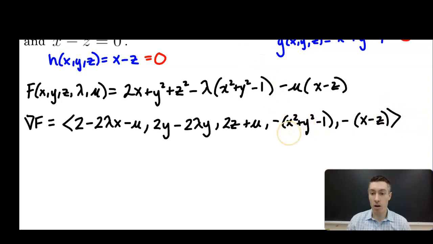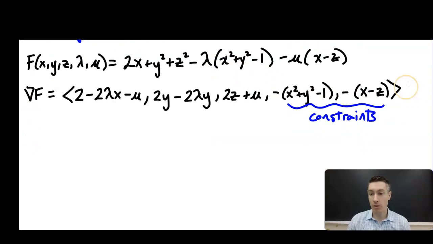And just to recall, these last two components of the gradient vector are nothing more than the constraints. Right? Any point that we find has to now be on both of these constraints because there are 2 of them. So now we set each component equal to 0 because we're looking for where that gradient is the 0 vector.